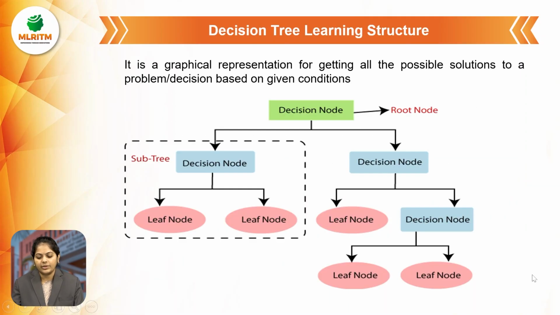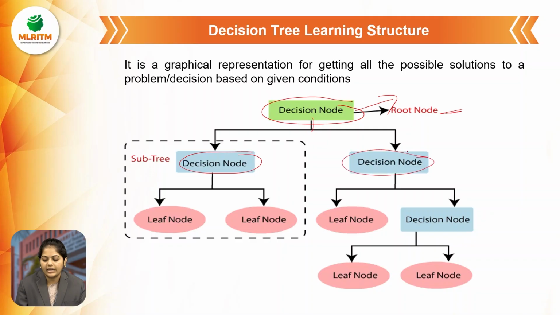Let's look at the decision tree structure. The first node we take is called the root node. The tree is divided into two nodes, decision node 1 and decision node 2.